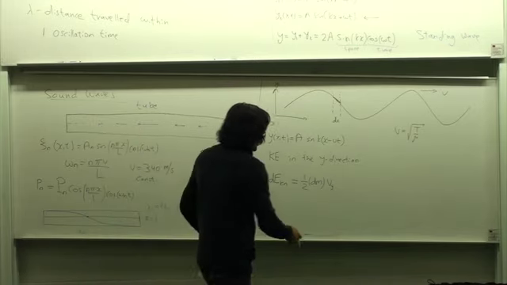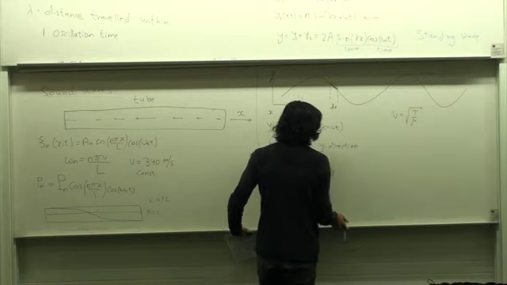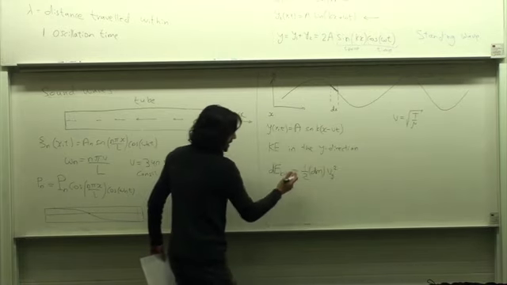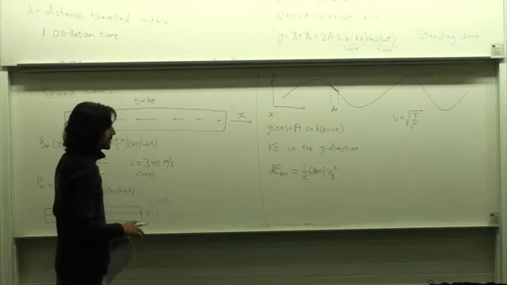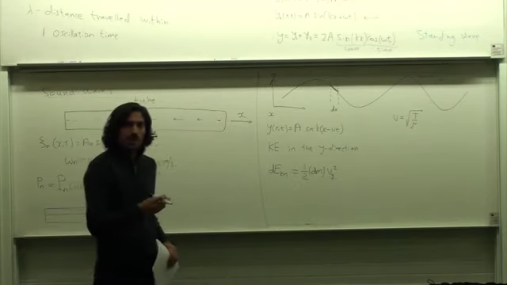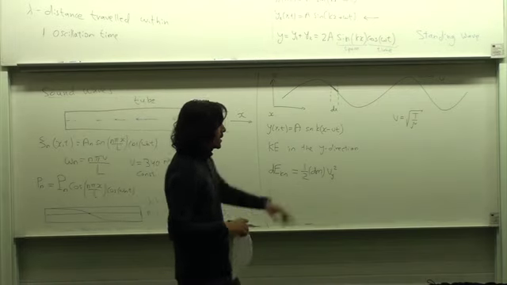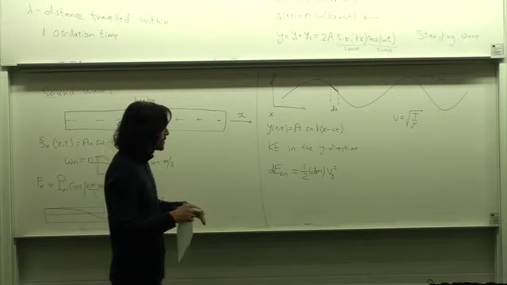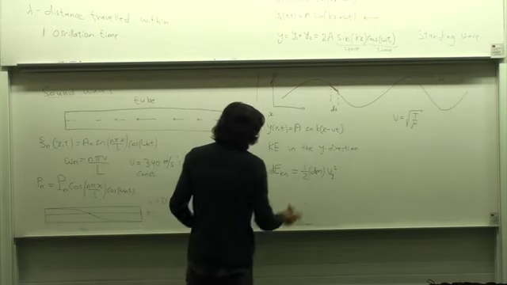The velocity in the y direction, the movement is in the y direction, squared. This is the kinetic energy. But what is dm? The mass of this small element equals mu, which is the mass per unit length, times the length of the element, which is dx.